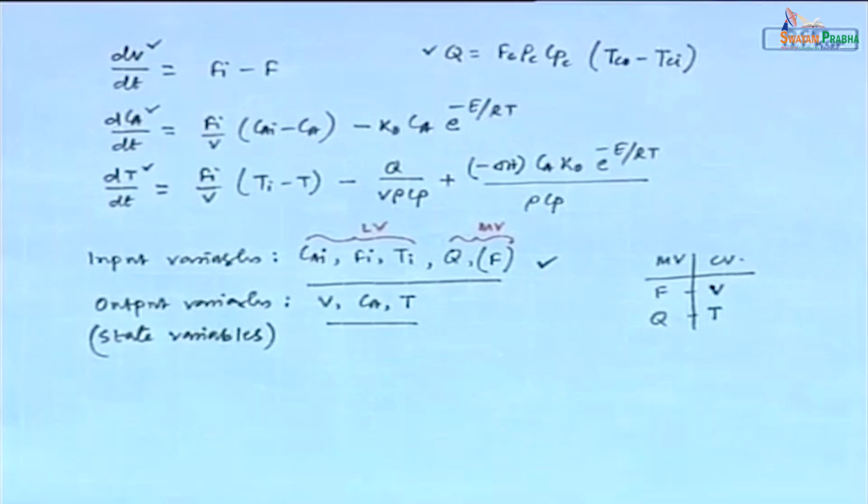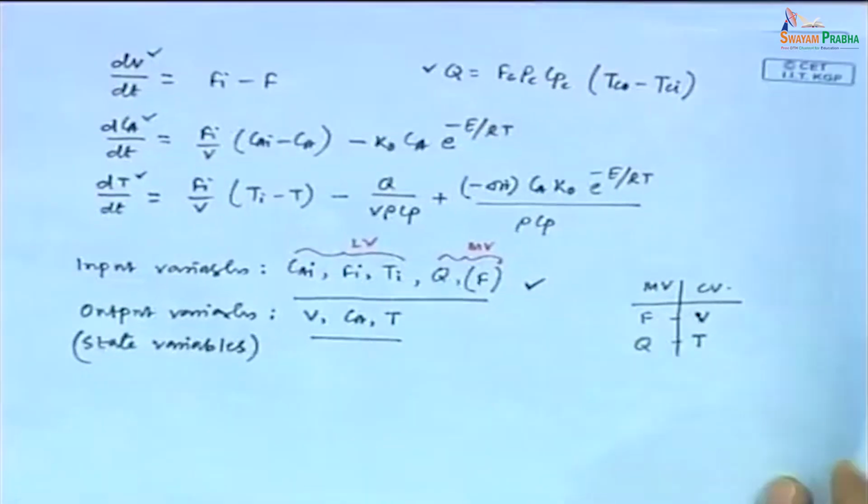So, this is the development of the model structure for the example CSTR, and we have seen the different variables involved in it.